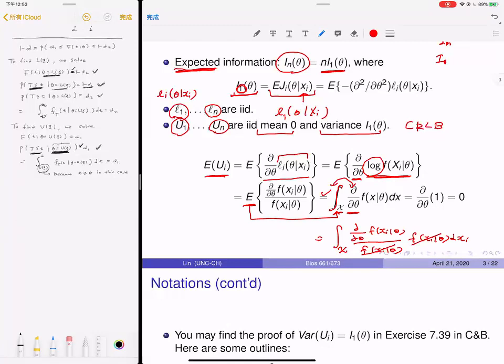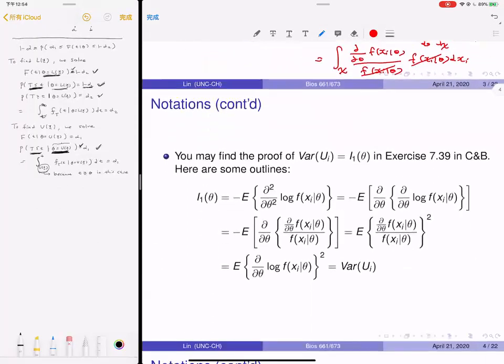Then it becomes d/d theta of the integral over the sample space of the PDF f(x, theta) dx. The integral over the sample space of the PDF is nothing but 1, and d/d theta of 1 becomes 0. So the expected value of U_i is 0.